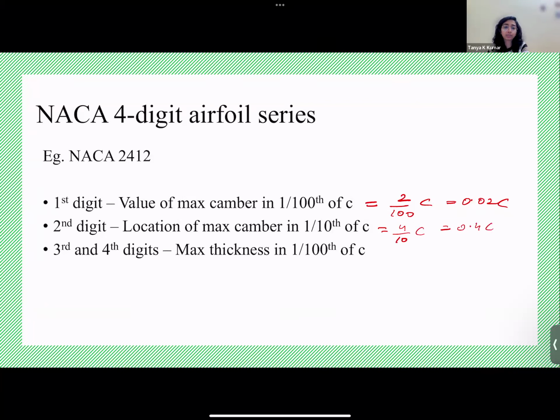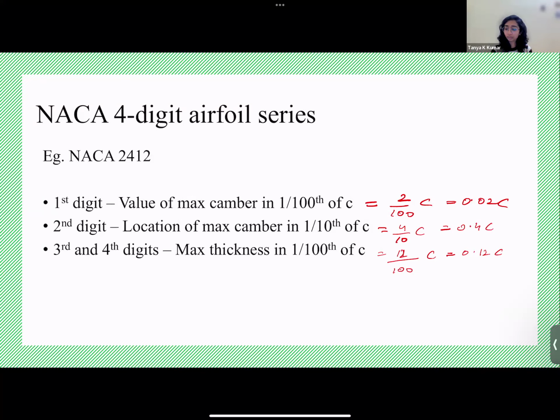The third and fourth digits give you the maximum thickness in 1/100th of C. So here it will be 12 by 100 C, which is nothing but 0.12 C, correct? This is how we characterize or name airfoils according to the NACA series. This is the NACA nomenclature, and this is the 4 series example.